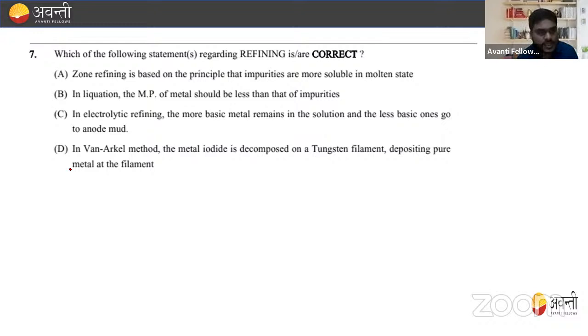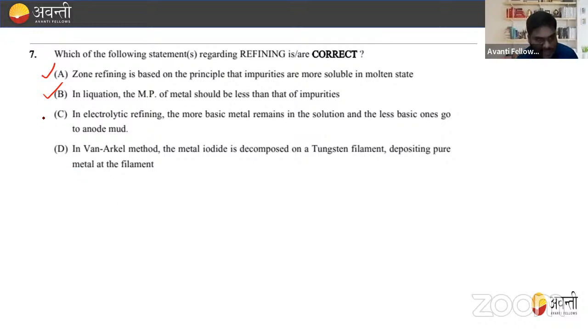The first one, zone refining is based on the principle that impurities are more soluble in the molten state. This one is absolutely correct. This is the basic definition of zone refining. In liquation, the melting point of the metal should be less than that of the impurity. This is also absolutely correct, because when liquation takes place, the melting point of the metal should be less than that of the impurities.